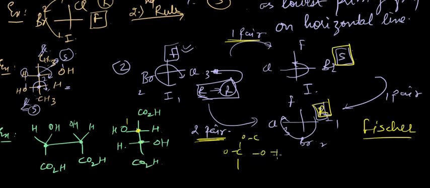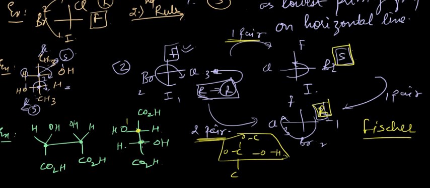This is the group which is attached here. Remember, I just used the trick which we discussed when we have to compare the priority order. So at this carbon atom we have one O, and here we have directly C. So this is at higher priority.